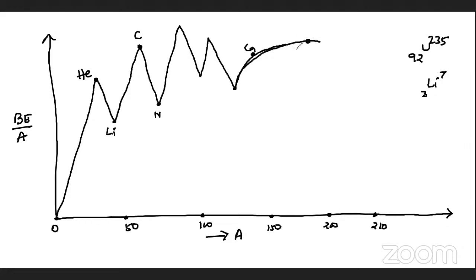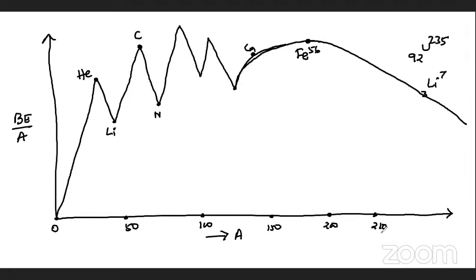Suppose here it is iron. Iron has a mass number 56. Thereafter, the binding energy per nucleon decreases, because the number of neutrons is equal to the number of electrons plus 1.